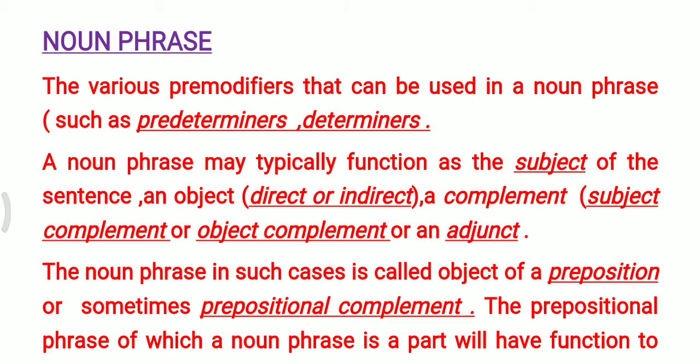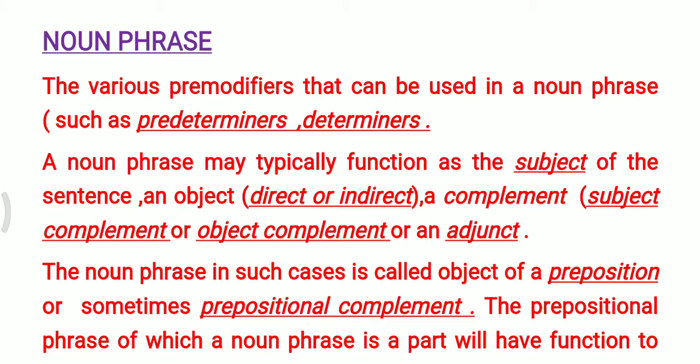So first of all, in any sentence we have to identify which is functioning, that means the subject and object. The object is either a direct object or an indirect object.